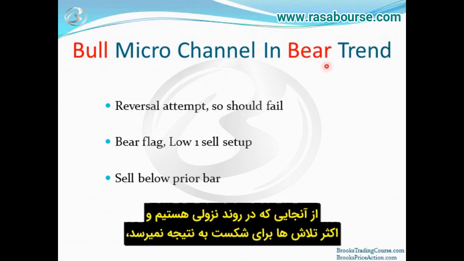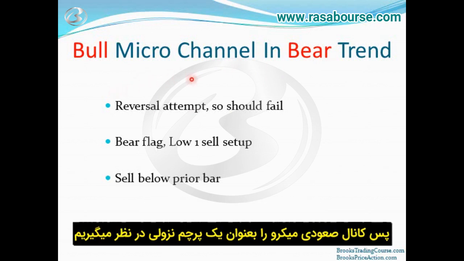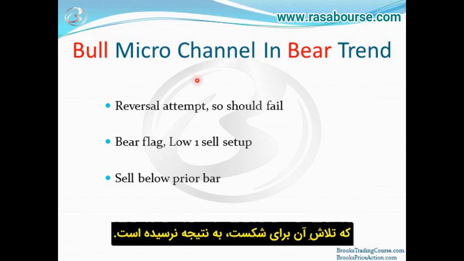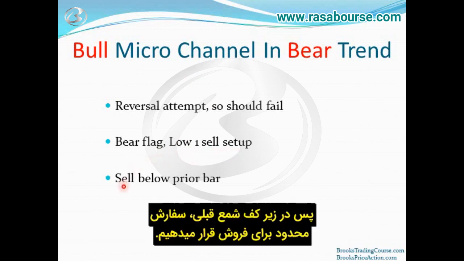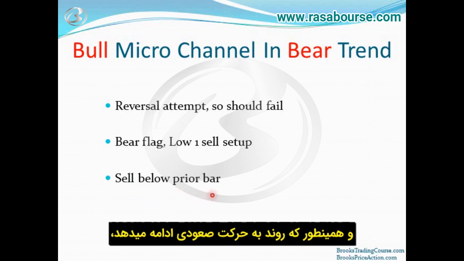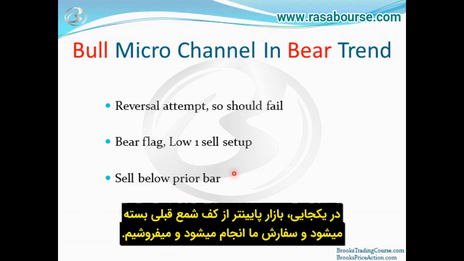And since it's a bear trend and most reversal attempts fail, the bull micro channel should become a bear flag and the reversal attempt should fail. And it sets up a low 1 sell setup. So you place a limit order to sell below the low of the prior bar. As the channel continues up, at some point a bar will trade below the low of the prior bar, and that will trigger the short, and you'll be short.